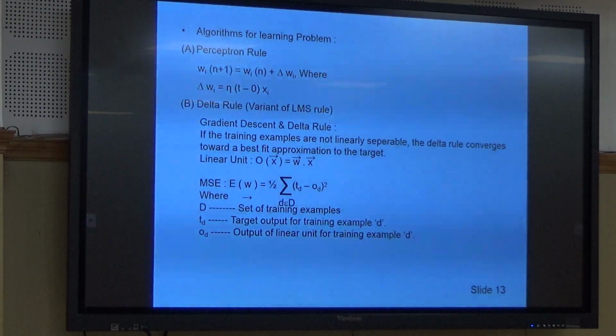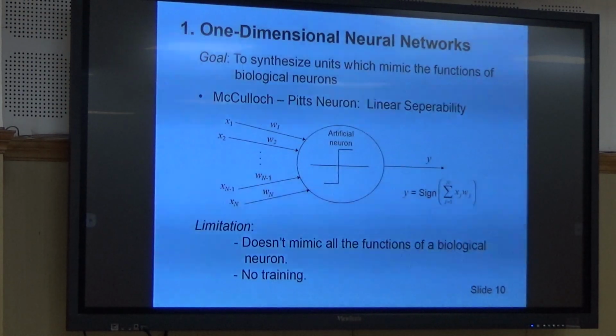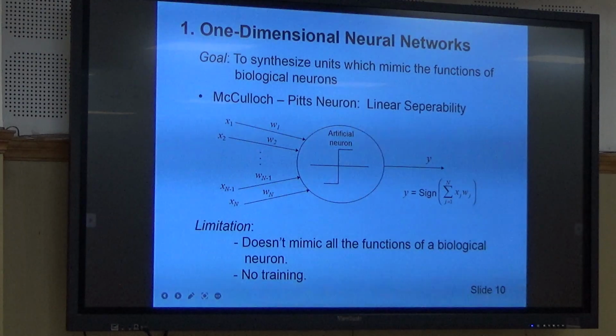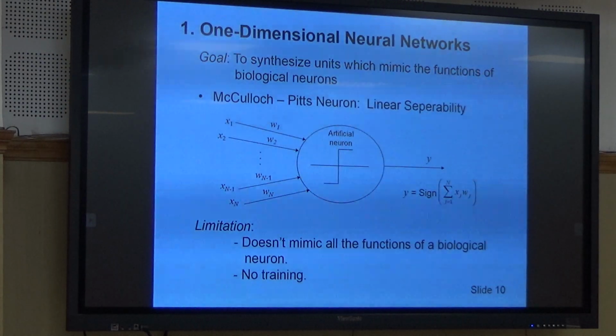See, the neuron, by definition, McCulloch's neuron, if we don't have the signum function, then as a function of the input vector, the output is linear in the input vector. I did tell one thing.